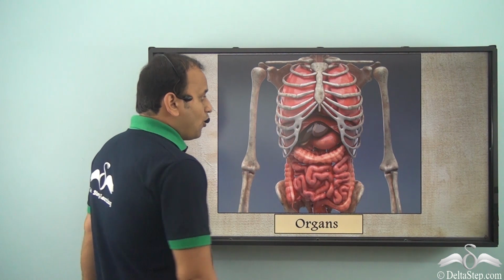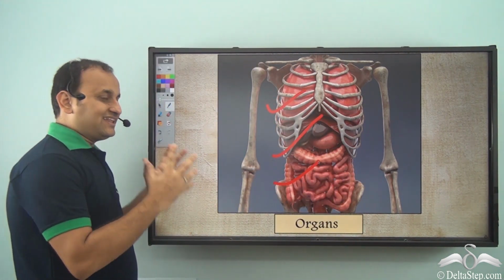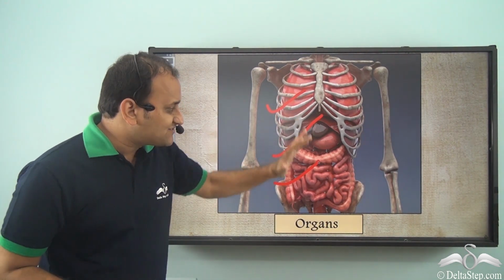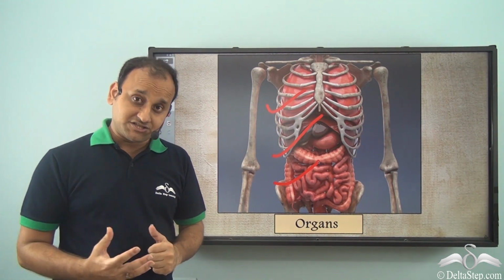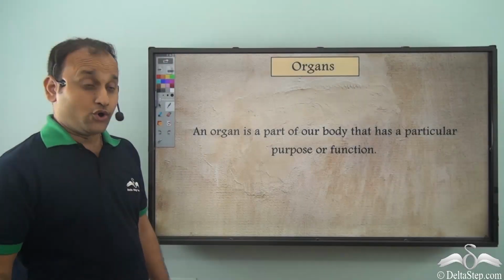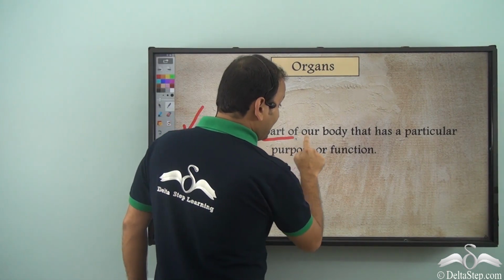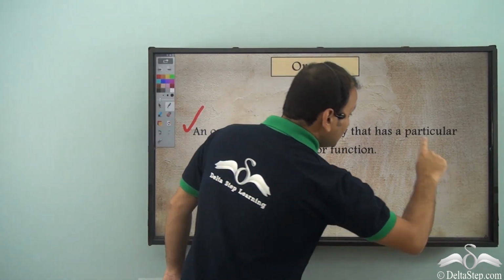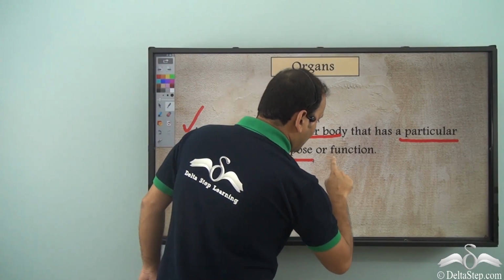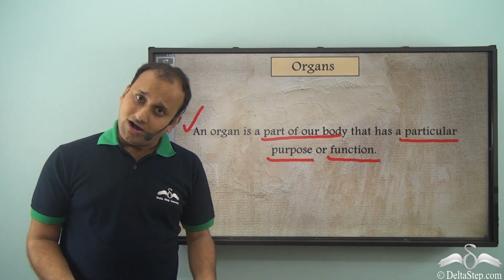They are called organs. So an organ is a part of our body that has a particular purpose or function, and all these parts are called organs.